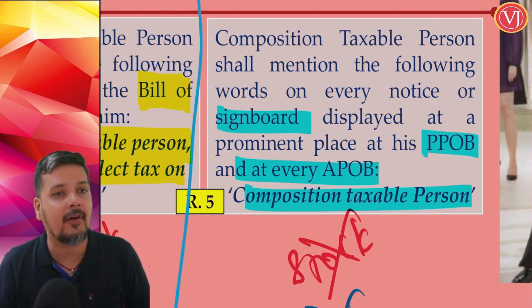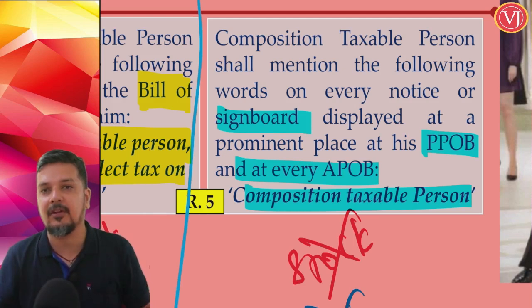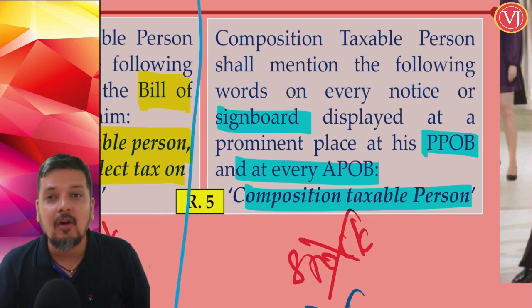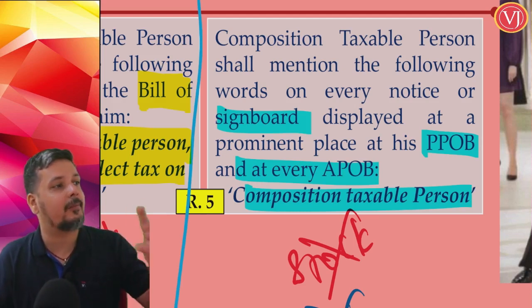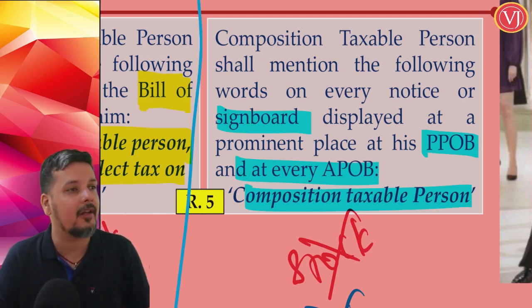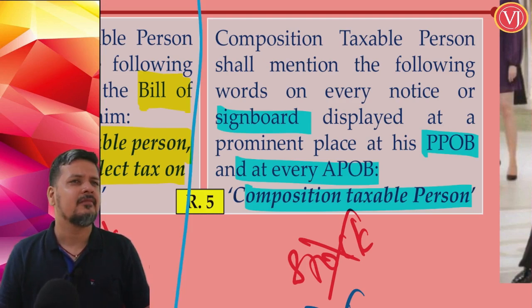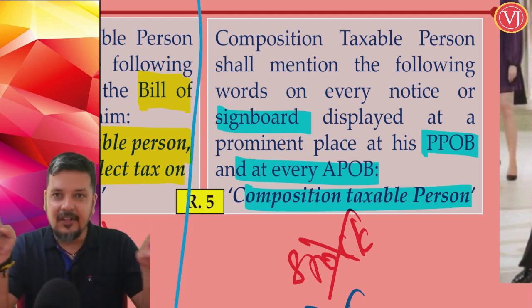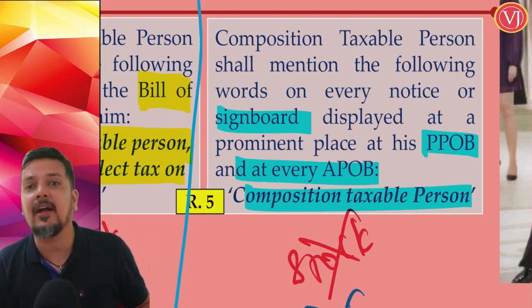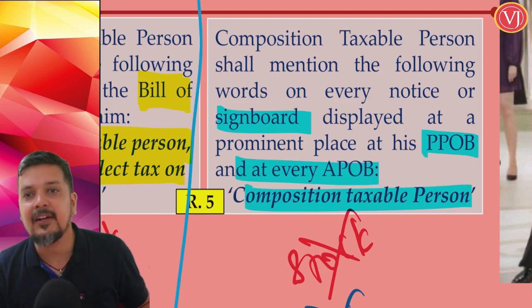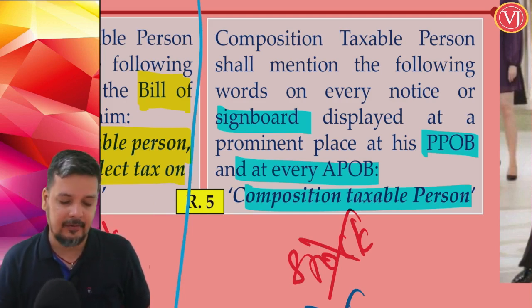So on all the signboards, he has to mention this, not only at his principal place of business, but also at all the additional places of business. If you're under the regular scheme, no need, you just write your name and GST number. If you're under the composition scheme, you write the name, GST number, and also mention that you're a composition taxable person.